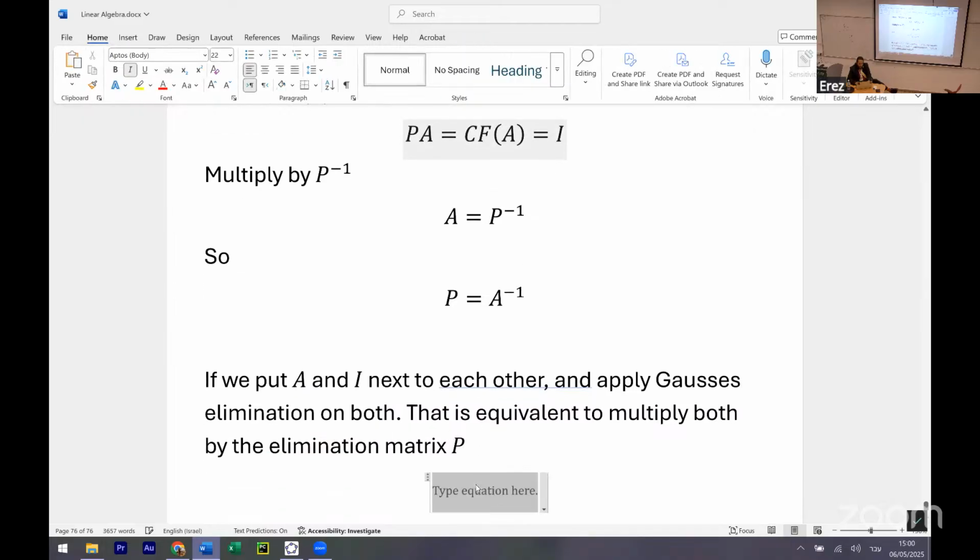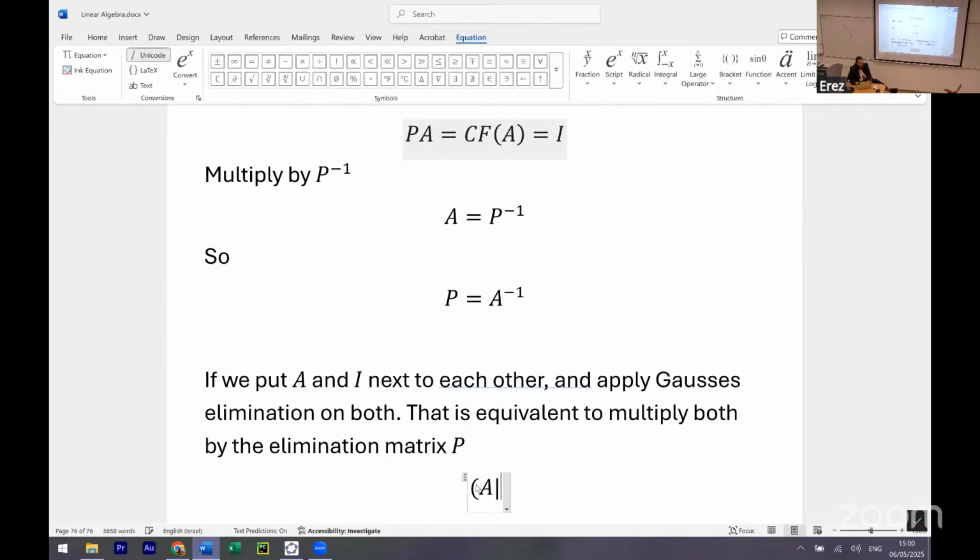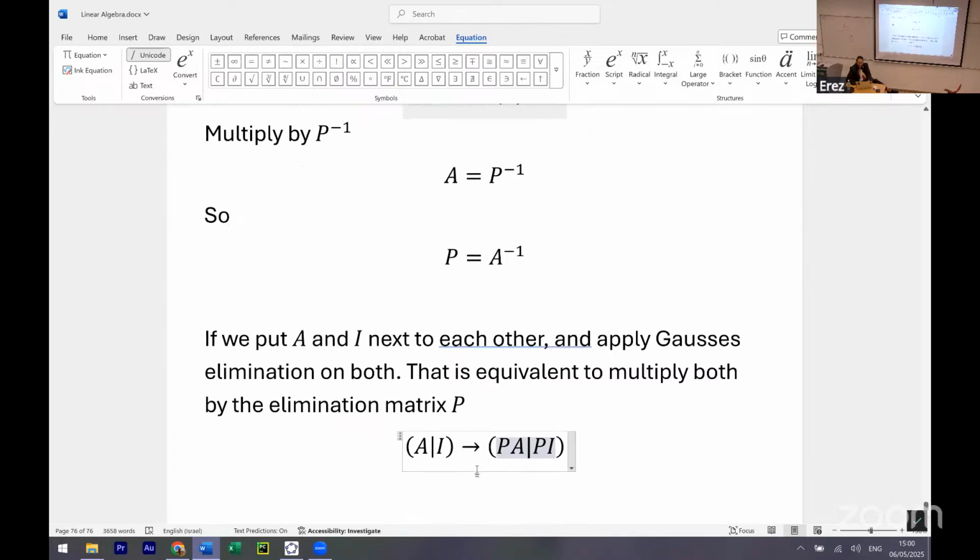So if A was next to I, and we did the same elimination, on the left-hand side we'll get PA, and on the right-hand side, what will we get? We'll get P times I. Agreed? If I do the elimination, I just convinced you, hopefully, that the elimination process is like multiplying by a matrix.